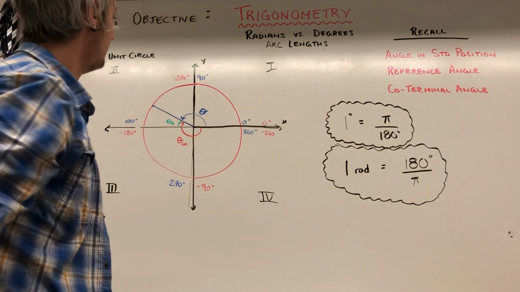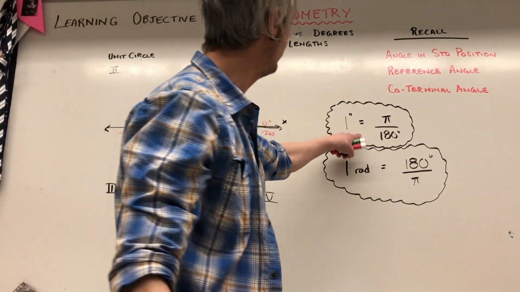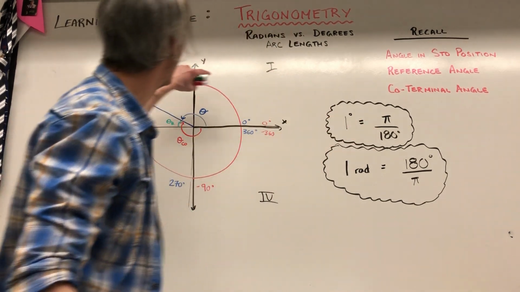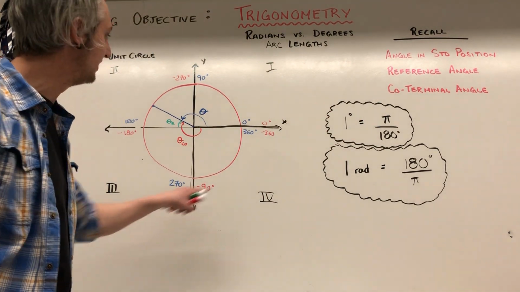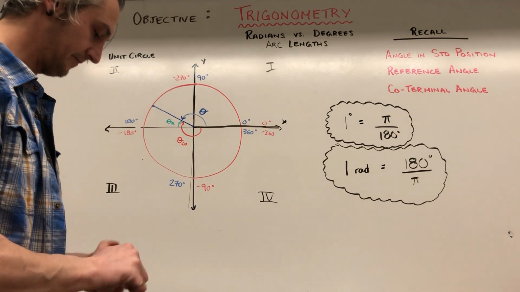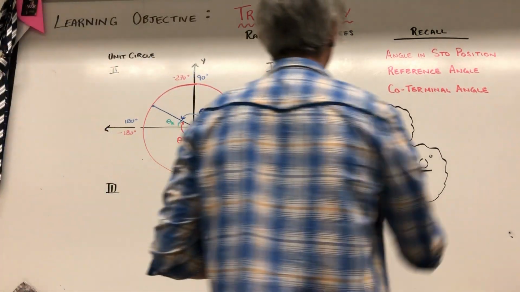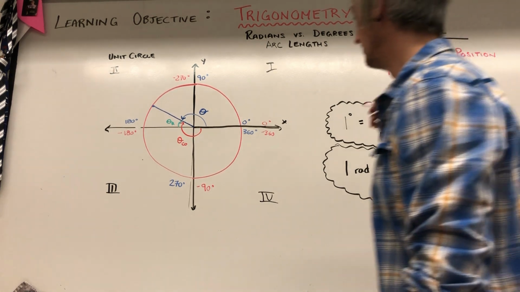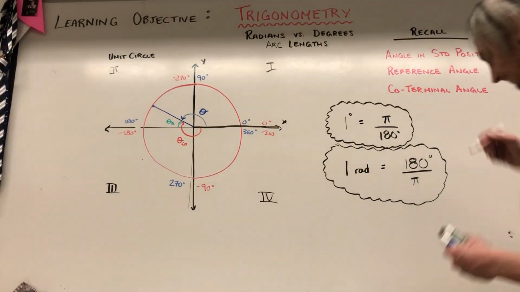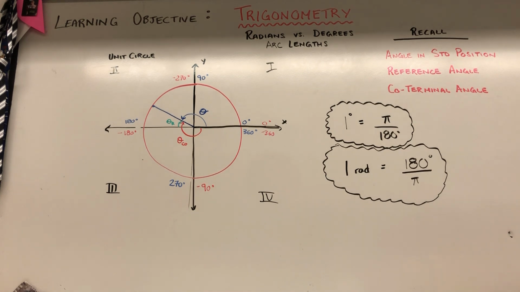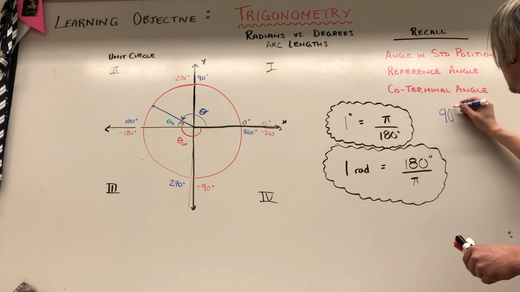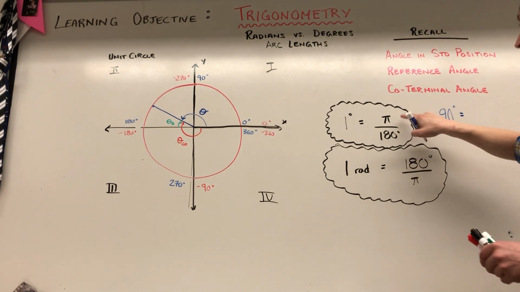Let's now use this relationship, because I know that 1 degree is equal to pi over 180, to figure out what 90 degrees, 180, 270, and 360 would be. So 90 degrees is equal to 90 of these.